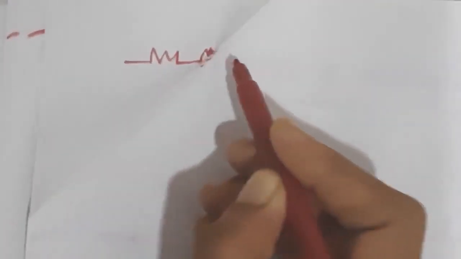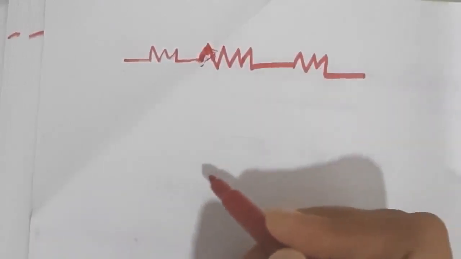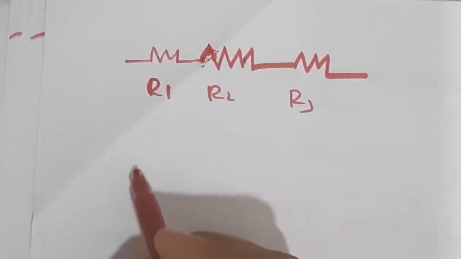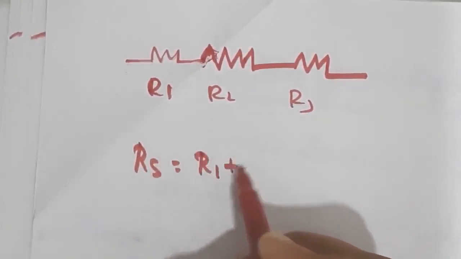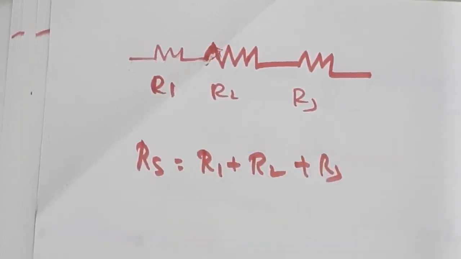You may have learned like this, resistors are connected in series. R1, R2, R3. What will be the equivalent resistance? So Rs is equal to the sum of the individual resistances, R1 plus R2 plus R3 plus etc. Am I right?